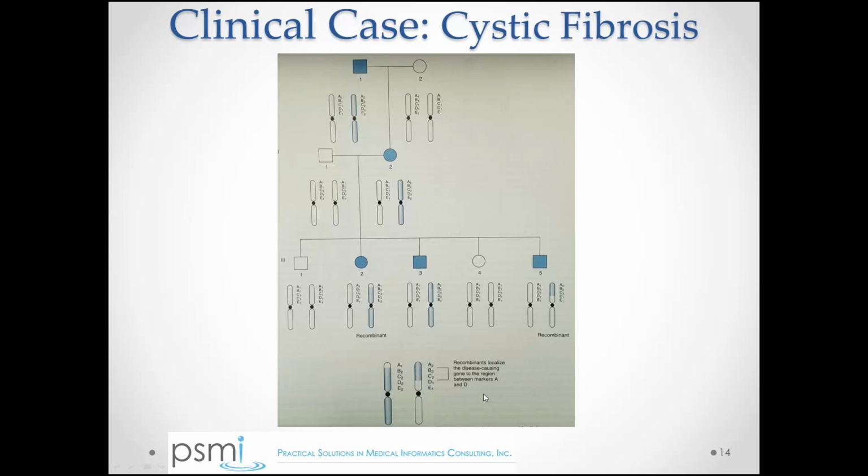And so this illustrates how we can use linkage analysis, linkage disequilibrium, the fact that genes that are close together have infrequent crossover events in between them, to begin to narrow down where the culprit gene is.